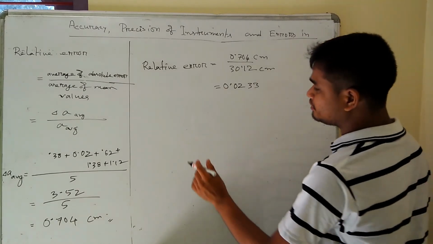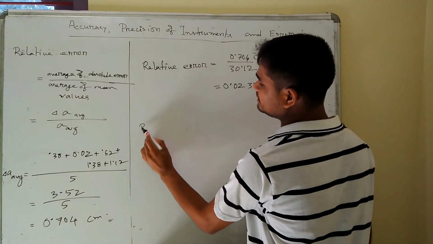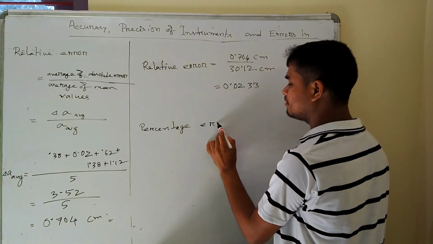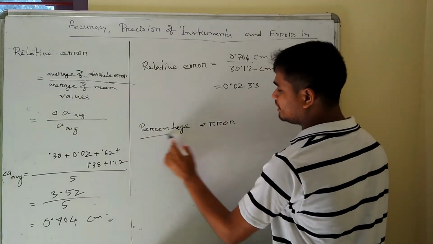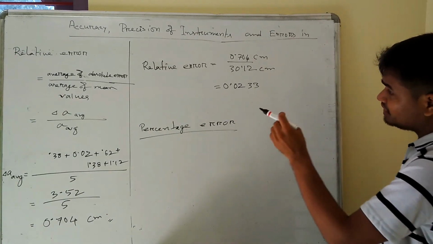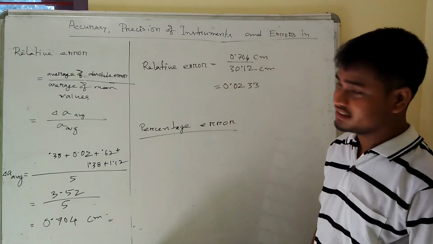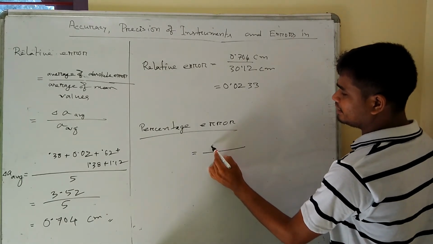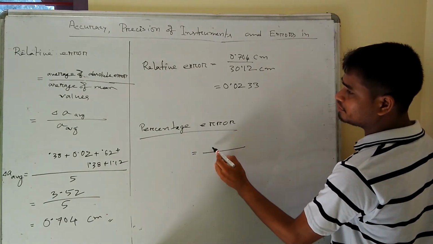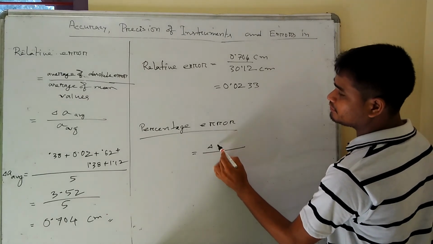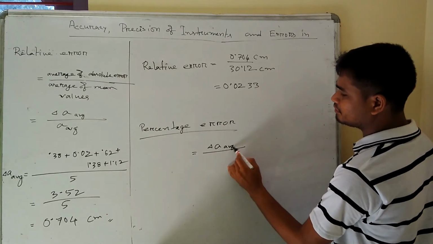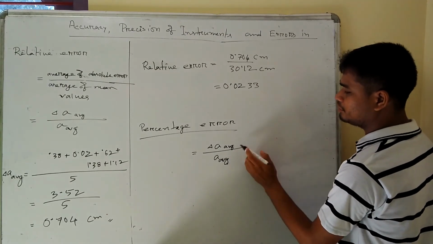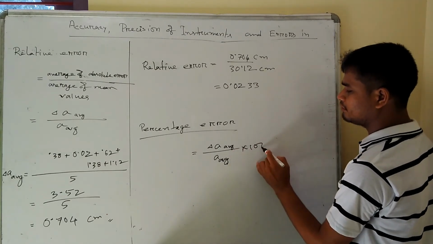Next we can find the percentage error. Percentage error is nothing else, only the relative error into 100%. So we can write delta A average divided by A average into 100%.